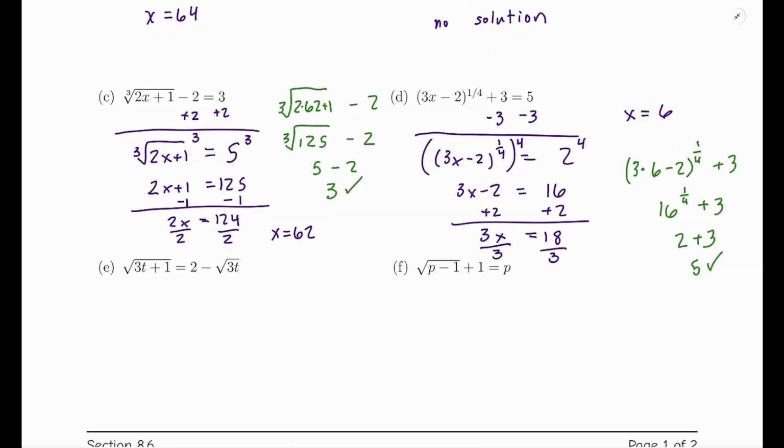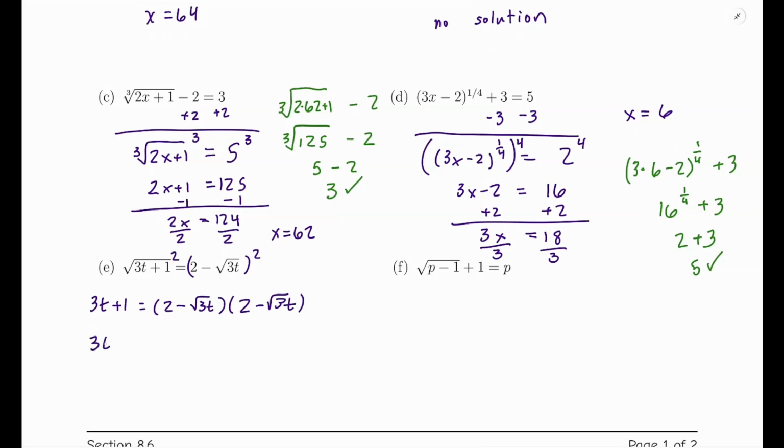Well, we already have the square root of 3t plus 1 by itself, so I'm going to square both sides. So we get 3t plus 1 on the left. But remember, when you square that right-hand side, that becomes 2 minus square root of 3t times 2 minus square root of 3t.